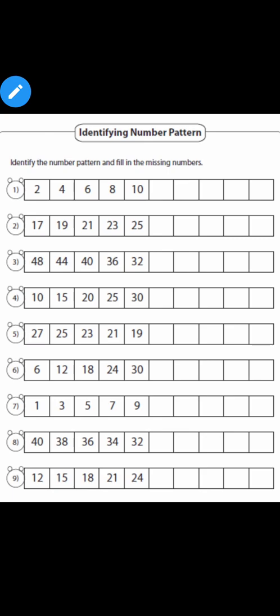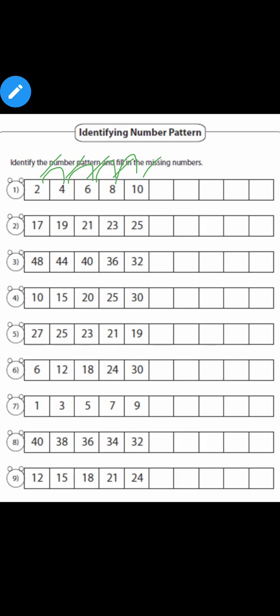In the first one, the numbers are 2, 4, 6, 8, and 10, and it should go on. Here the numbers are increasing by 2 each time. We are doing plus 2. 2 plus 2 is 4. 4 plus 2 is 6. 6 plus 2 is 8. 8 plus 2 is 10.